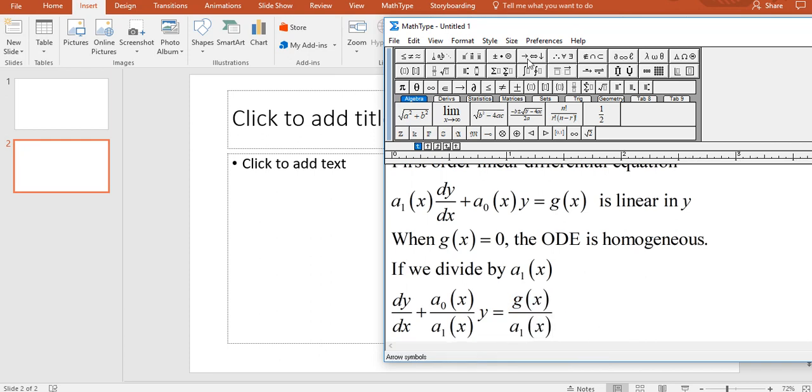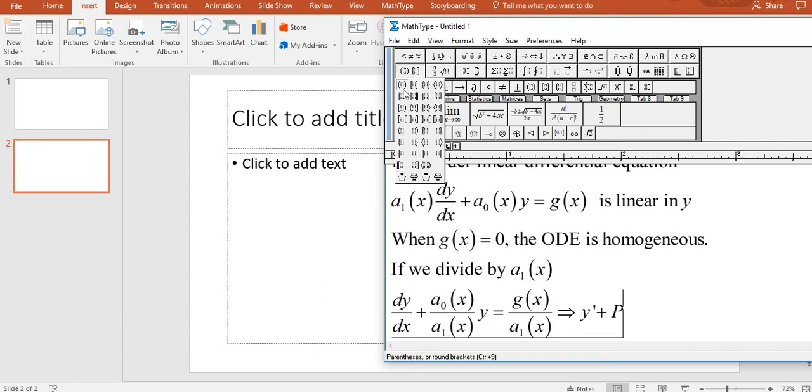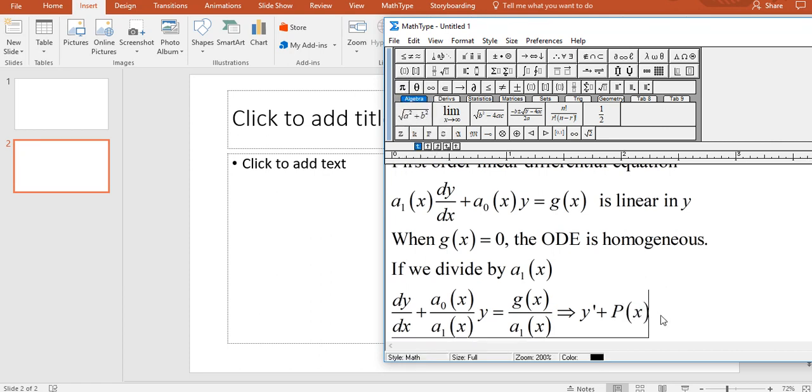Okay, so then we're going to rename this. This is now going to be y prime plus p of x y equals f of x, where p of x is these two things divided and f of x is these two things divided.